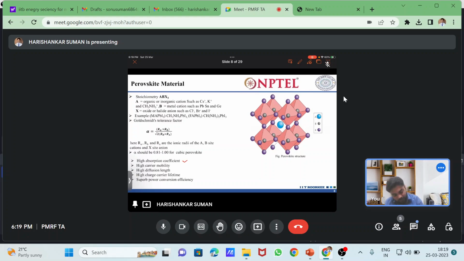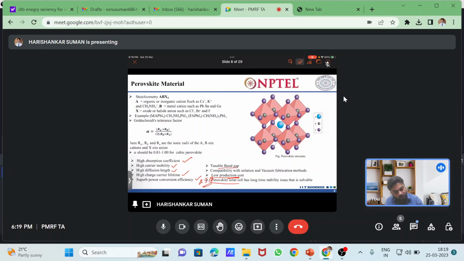Perovskite has features like high absorption coefficient, high charge carrier mobility, long diffusion length, high charge carrier lifetime, superb power conversion efficiency around 25.7, and we can tune the band gap, compatibility with solution and vacuum fabrication methods, low production cost in comparison to silicon, but this is the issue with perovskite, a long-term stability issue that can be solvable.